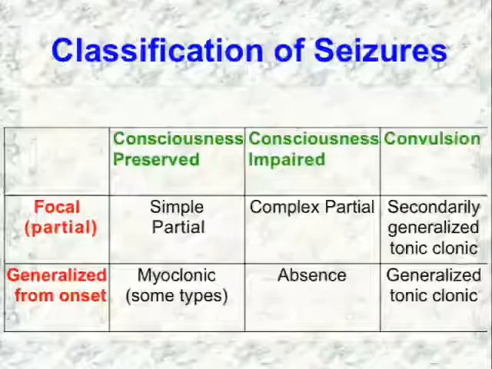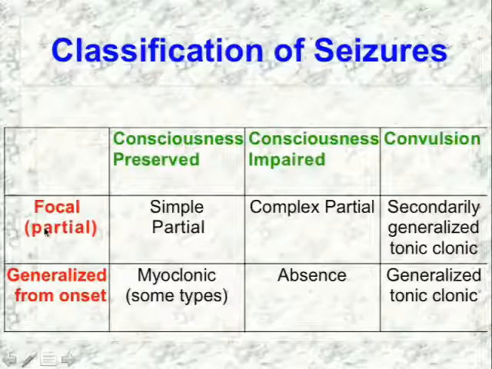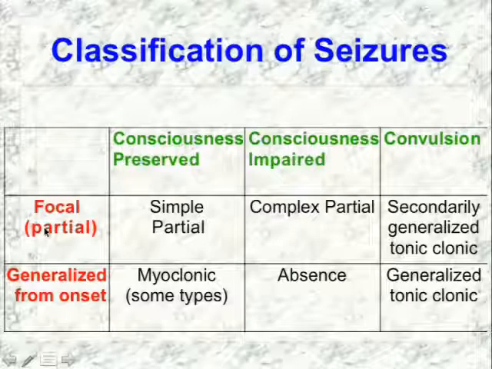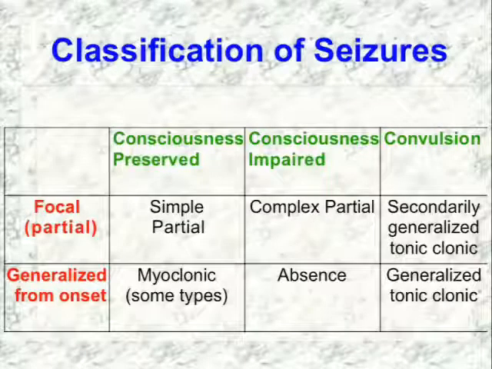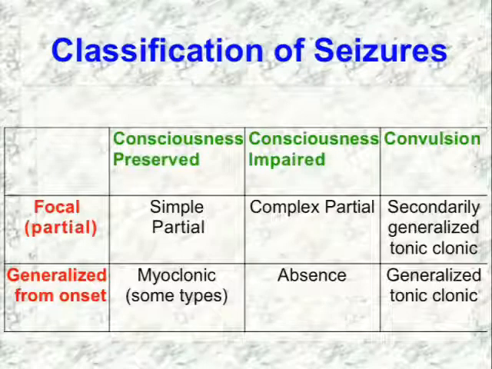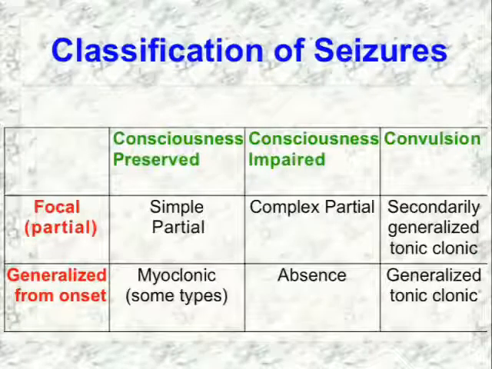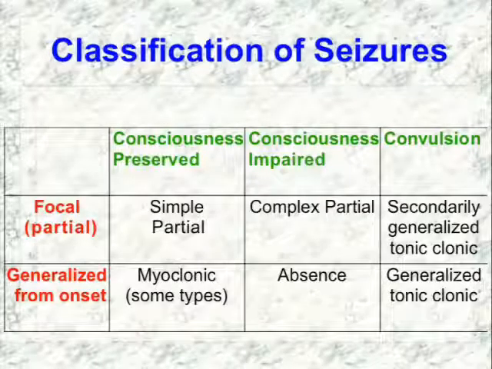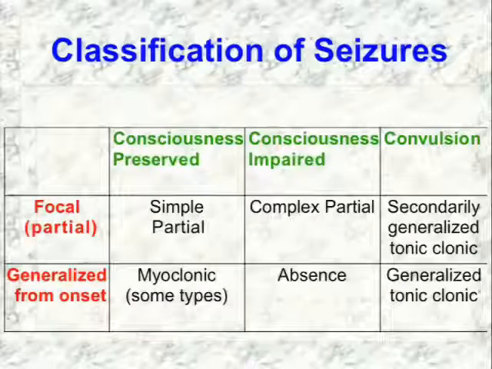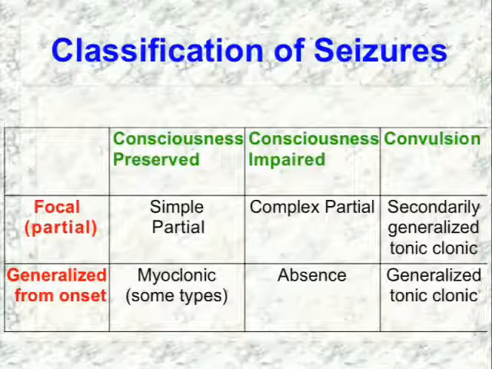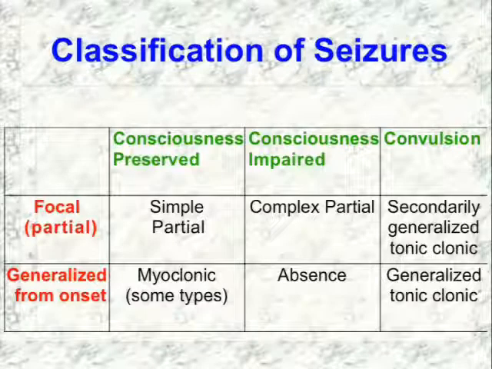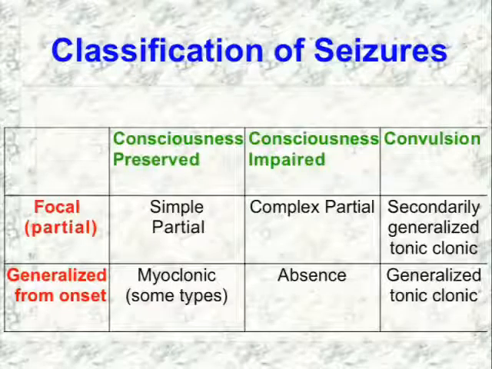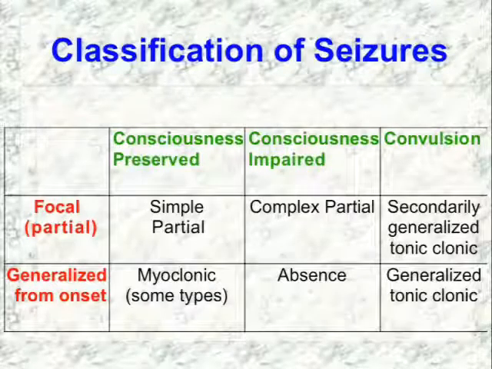Well, it turns out that phenytoin and carbamazepine in those days were the drugs of choice for focal seizures, and valproate was the drug of choice for generalized seizures. And it was discovered years ago that phenytoin and carbamazepine sometimes make generalized seizures worse. So knowing if somebody has focal or generalized seizures helps to get on the right foot with choosing medications.